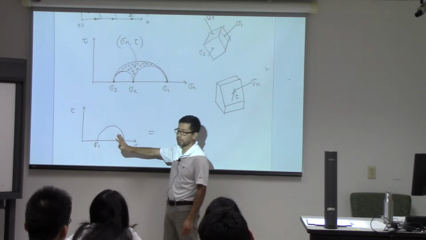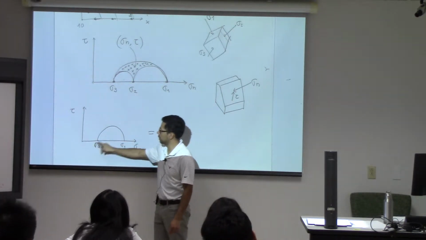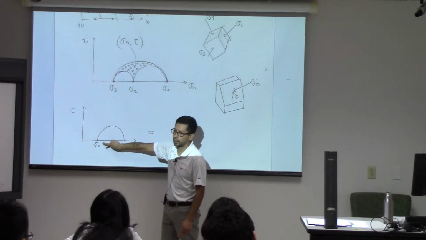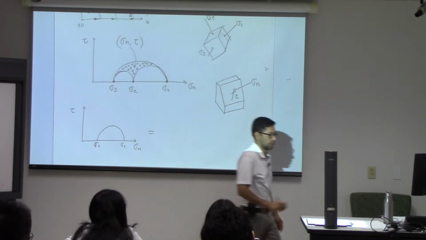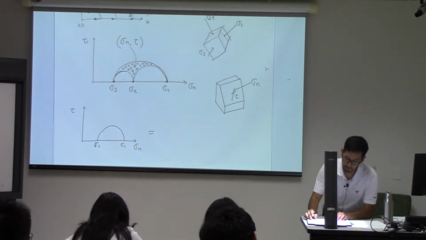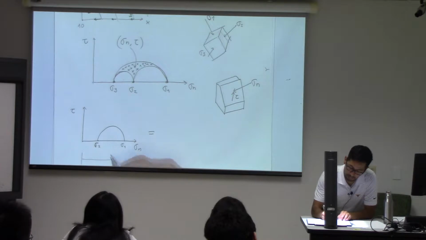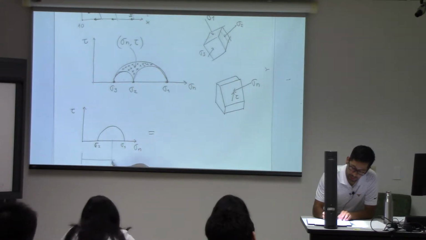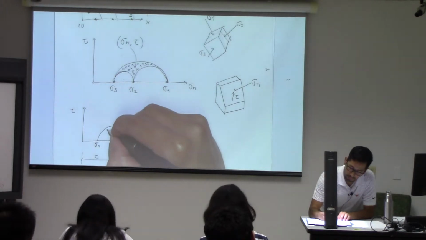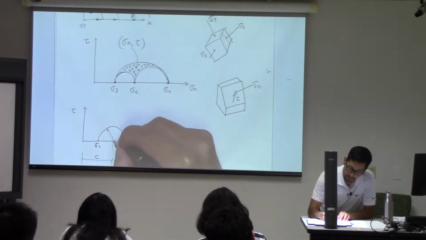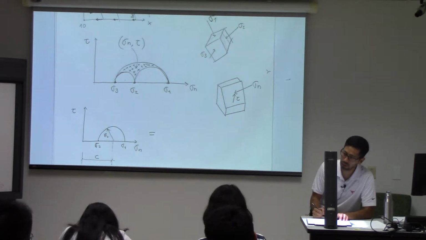But here I see two things. I see that this one is this far from the origin, and these are far apart enough to have this amount of shear stress. So if I simplify this, I could say this is the center of the Mohr circle, and this is the radius of the Mohr circle, right?